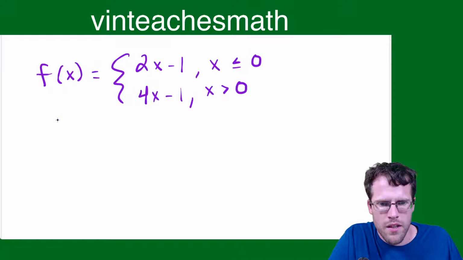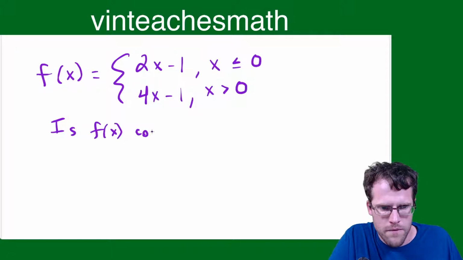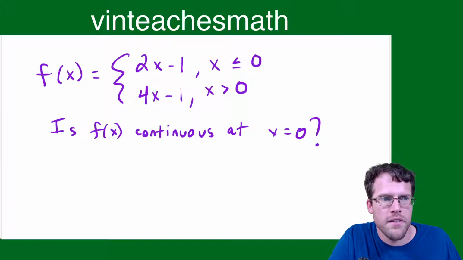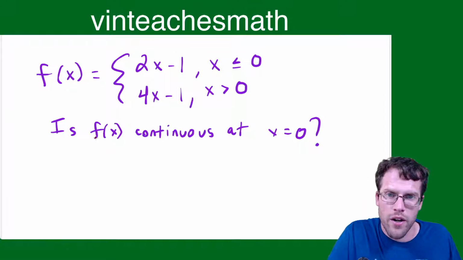So if we want to determine, is f of x continuous at x equals 0? And let's say we want to explain this as if it's the AP test and we want to get full credit.